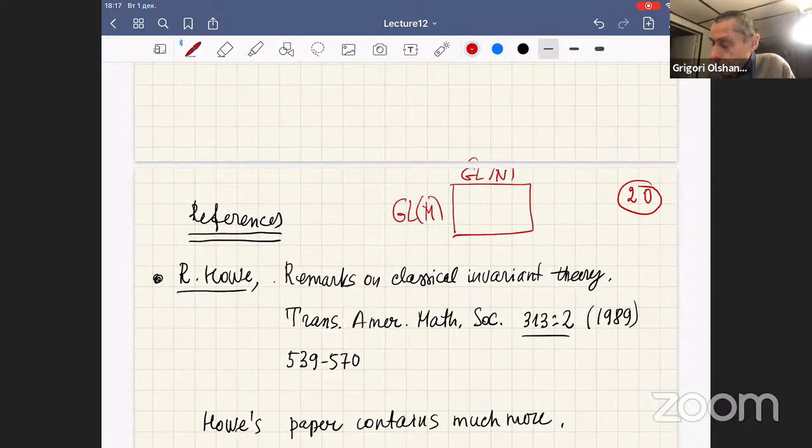Sometimes people also call it Howe duality, but this is a very simple version of duality, which was known long before Roger Howe.